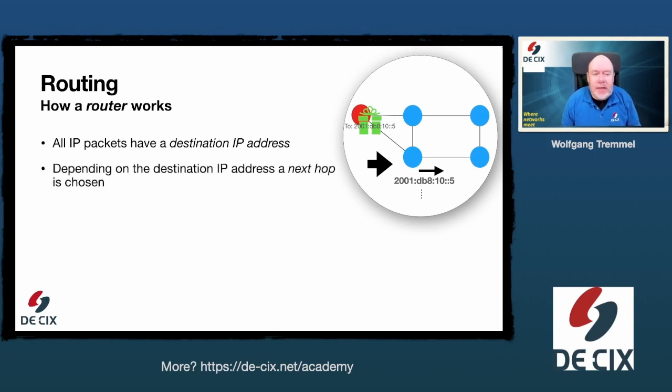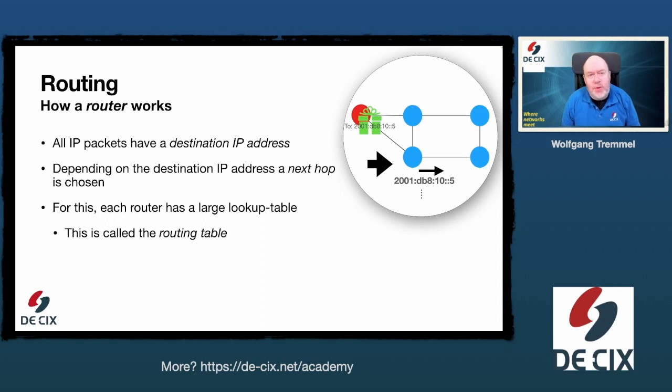Depending on that destination IP address, a router chooses a next hop, so the interface through which the packet is sent out. For this, the router has a large lookup table to check where to send which packet. This is called, of course, the routing table.